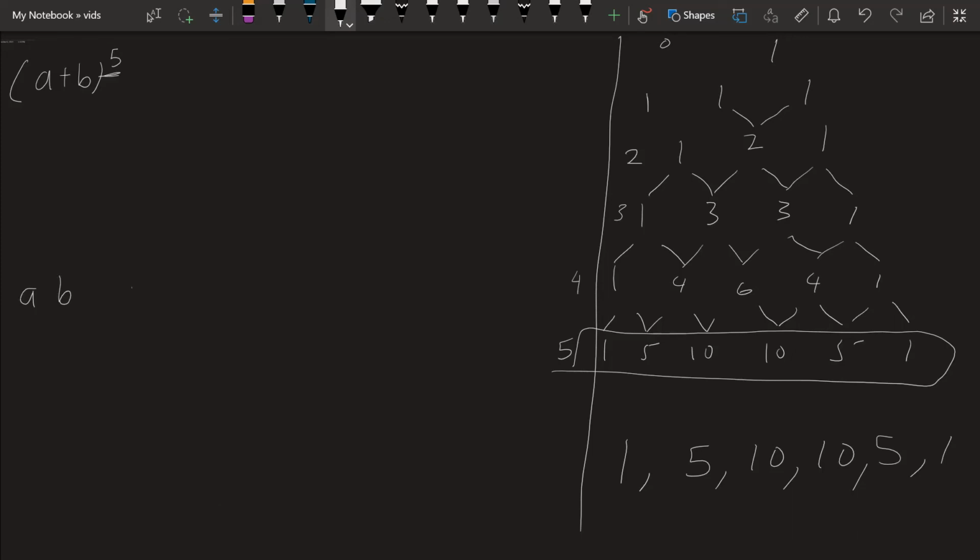ab plus ab plus ab plus ab plus ab plus ab, right? 1, 2, 3, 4, 5, 6. And as we said, a takes the highest power and it keeps on going down, in descending order, right? And then b goes in ascending order, like this, right?